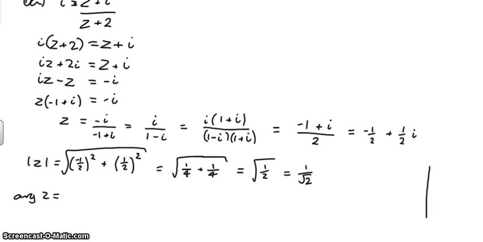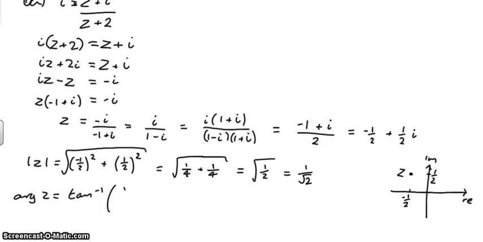The argument of z would be, if we draw an Argand diagram here, we can see clearly that the argument of z must be some multiple of pi by 4.